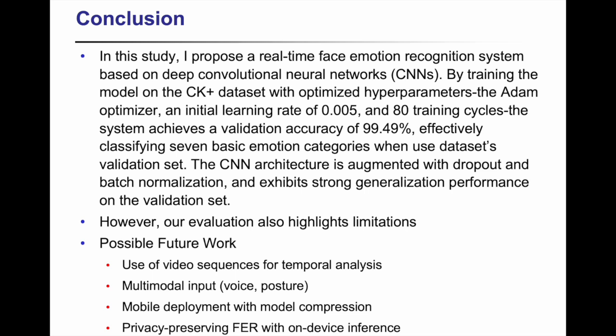Optimizing the model for deployment on mobile or edge devices through techniques like pruning or quantization would broaden its practical usability. Expanding training data to include more diverse facial expressions and exploring privacy-preserving methods like on-device inference are also promising directions.